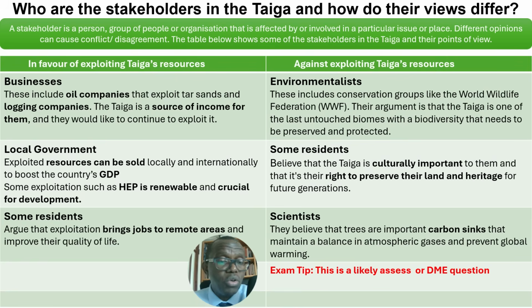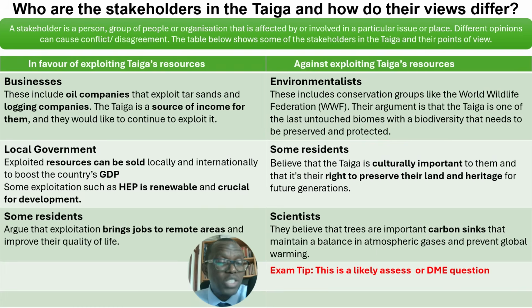Then the other stakeholder that is in favor of exploitation is the local government. Now, exploited resources can be sold locally and internationally, and they can boost the national GDP of that particular country, and therefore the local governments are going to be in favor of exploitation of the taiga. Some exploitation such as HEP is renewable and crucial for development, because for you to develop you will need energy.